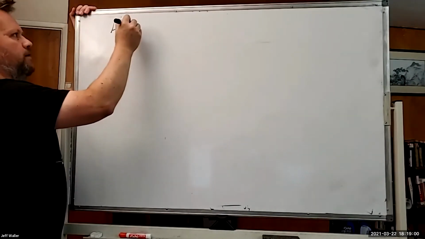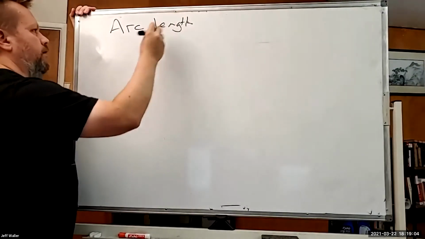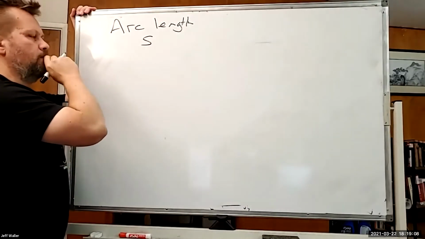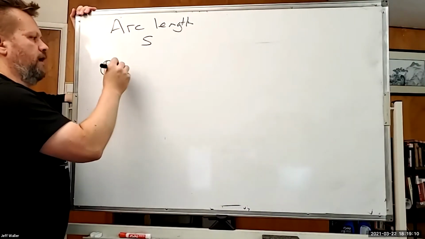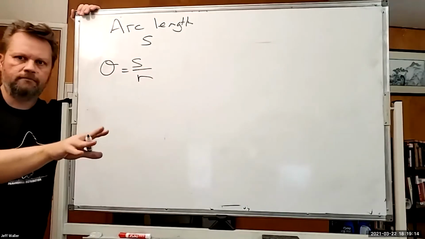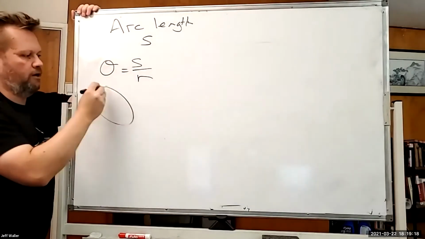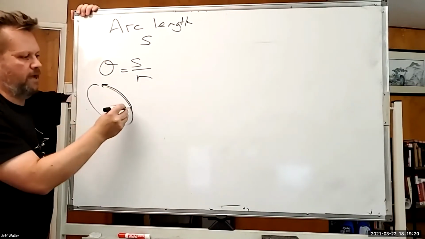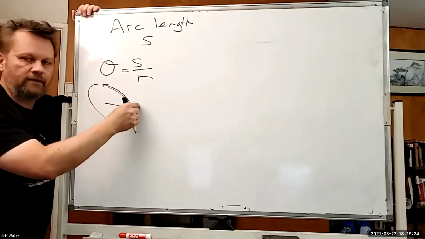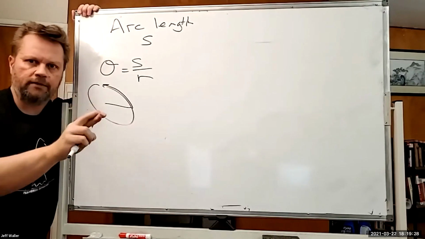So just to remind you guys, arc length has the letter S. And if you remember, the angle was S divided by R, right? That's how we figured out radian measure: take how far we went divided by how big the radius is, because that would tell me how many radii fit there. Okay. That's how we defined radians.